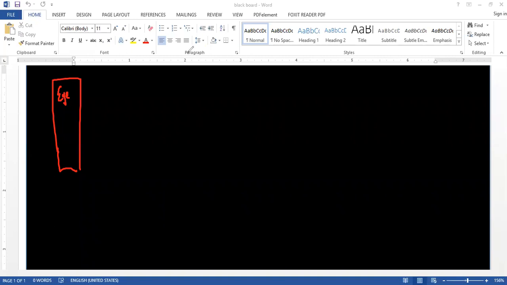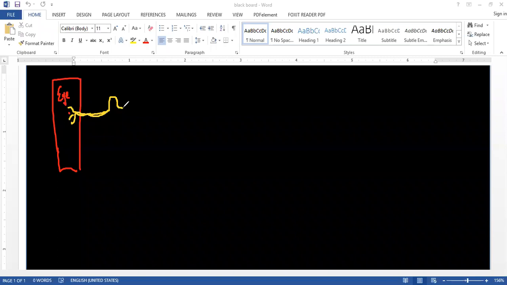The sensory neuron which is present here, the dendrite which is present here.